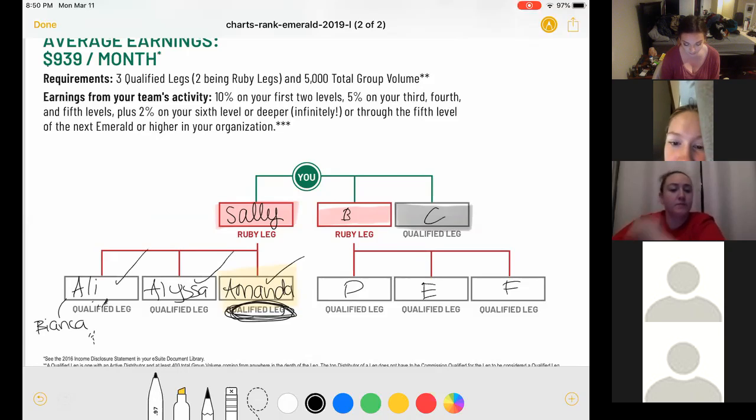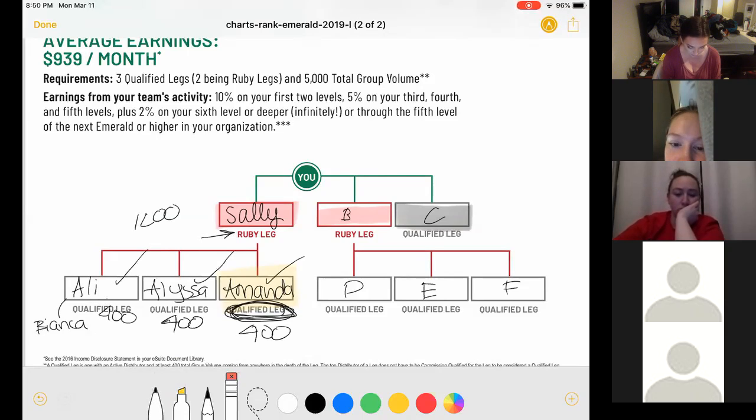But remember, as a Ruby, not only does she need the 3 400 boxes, but she also needs the 2,000 volume. So if this is 400, this is 400, this is 400, that's 1,200 out of the 2,000 that she needs.